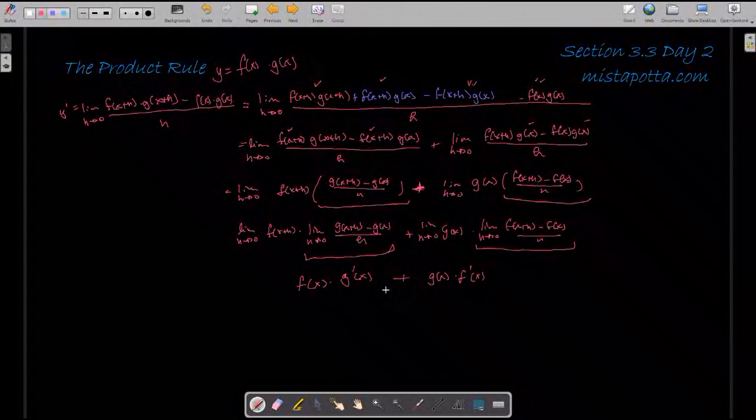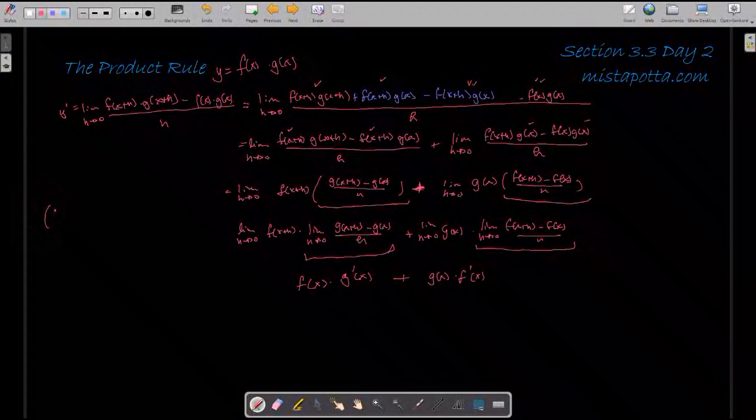So what I've got is f of x times the derivative of g plus g of x times the derivative of f. And that's what the derivative of a product is, using the product rule.